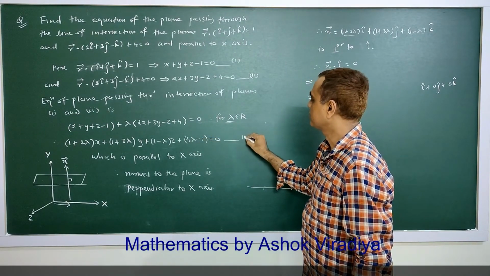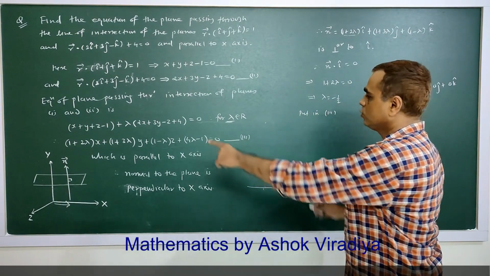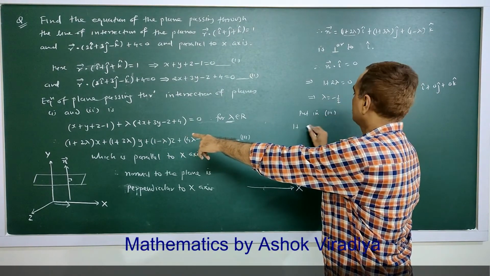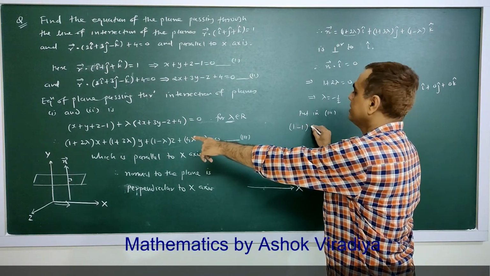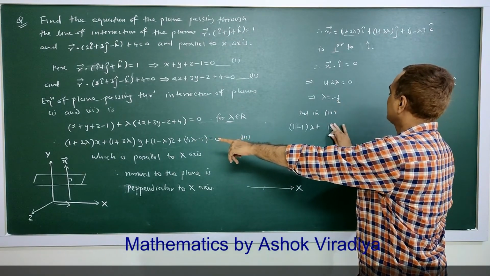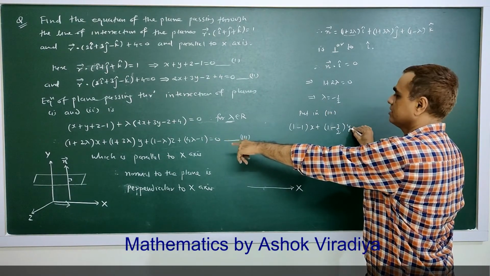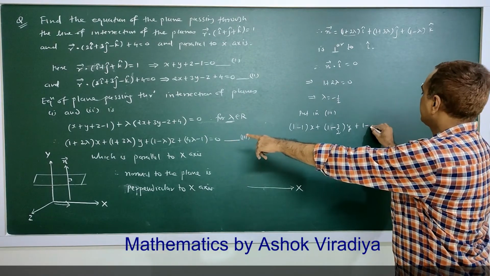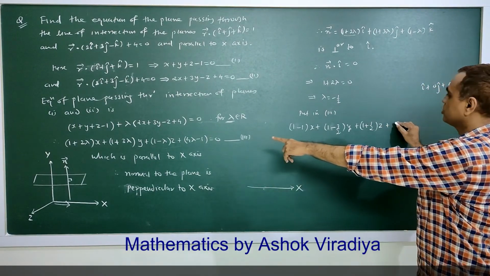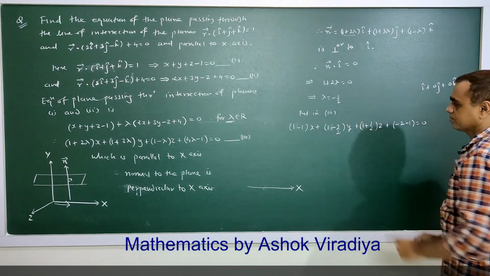So putting in 3: 1 + 2 lambda, see 2 lambda is -1, so -1 into x, plus (1 + 3 lambda), that is -3/2, y, plus (1 - 1/2), that is plus 1/2, z, plus 4 into lambda, so 4 into -1/2 is -2, minus 1 equal to 0.